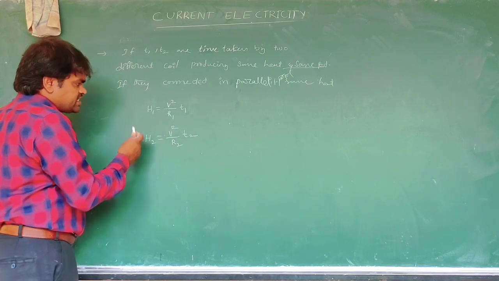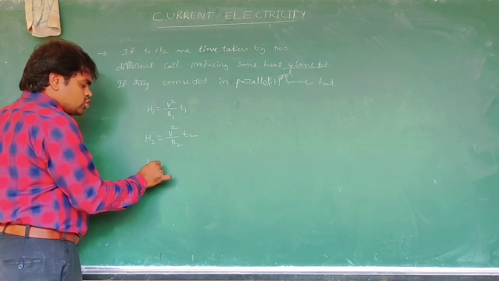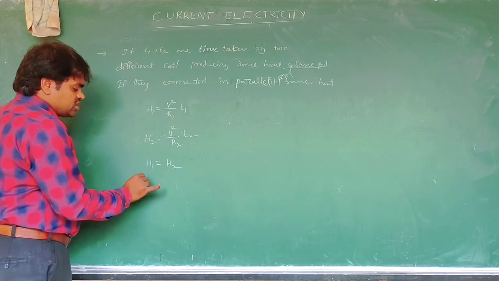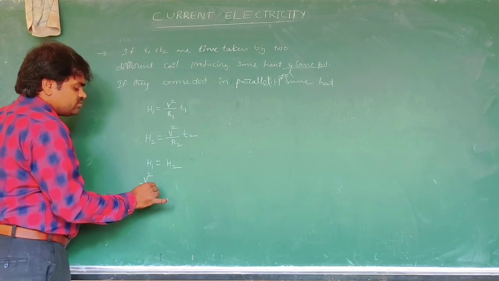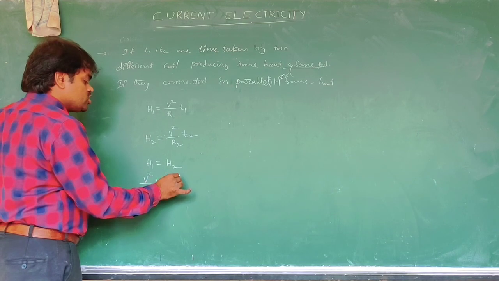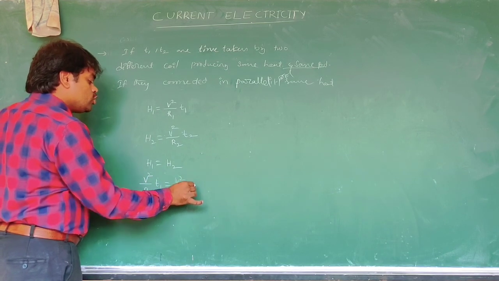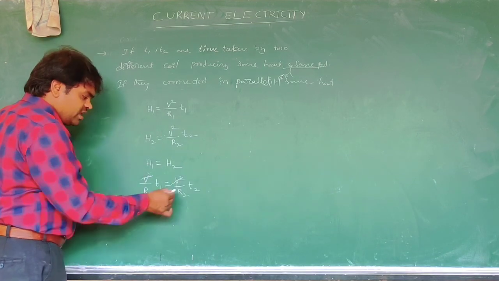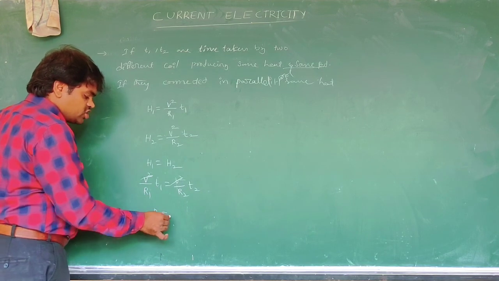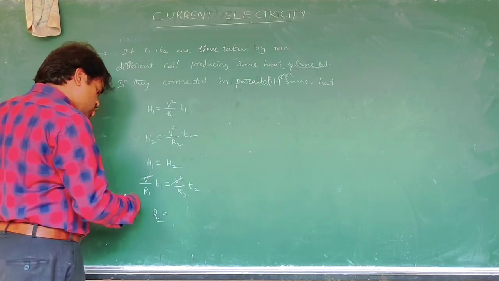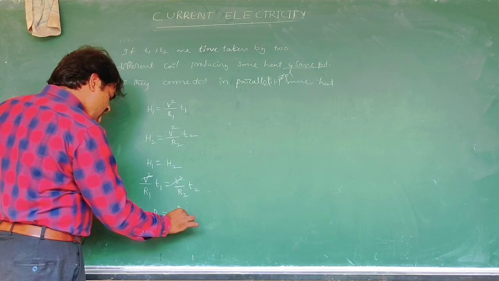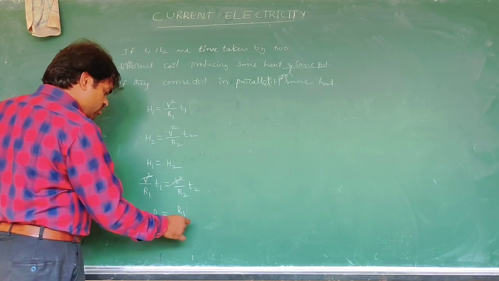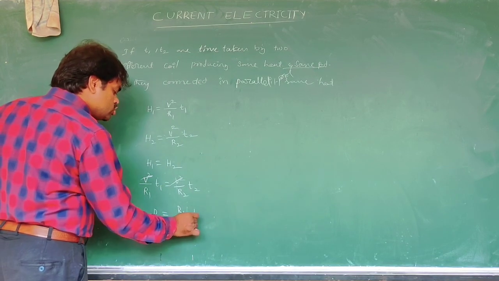Then we can say the same heat is produced, that is V square by R1 into T1 is equal to V square by R2 into T2. V square cancels. Then R2 is equal to R1 by T1 into T2.